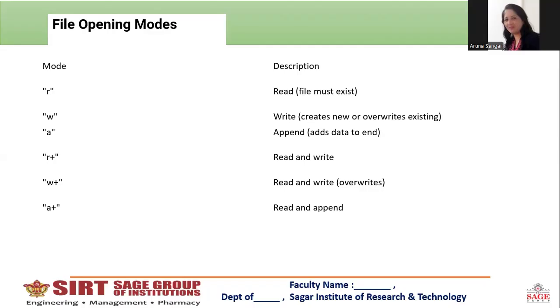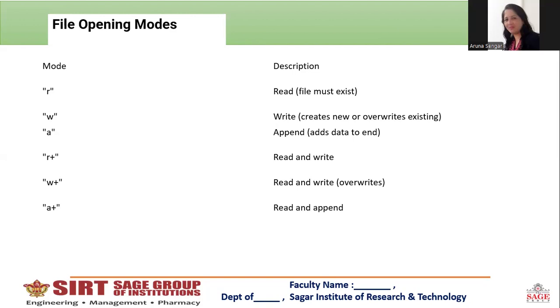File opening modes are, first, r mode. R stands for read. If we want to read a file, there must be a file that we want to read. The second mode is w, that is write. If we open a file in write mode, then we can write or overwrite the file.